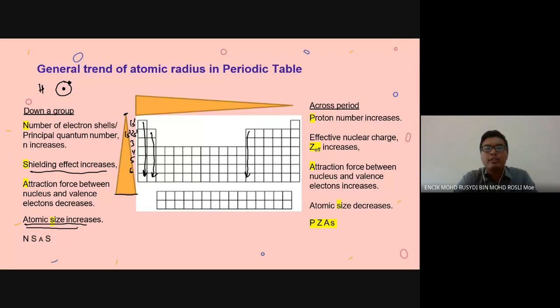Okay, so the attraction between the nucleus and valence electron dia adalah kuatlah pada ketika ini untuk hydrogen. But then bila kita ada lithium, now kita ada dua shell. 1, 2. Okay. So the valence electron yang di sini, okay, and the distance dia dengan nukleus dia makin jauh. Okay, sebab dia berada pada shell yang kedua sudah.